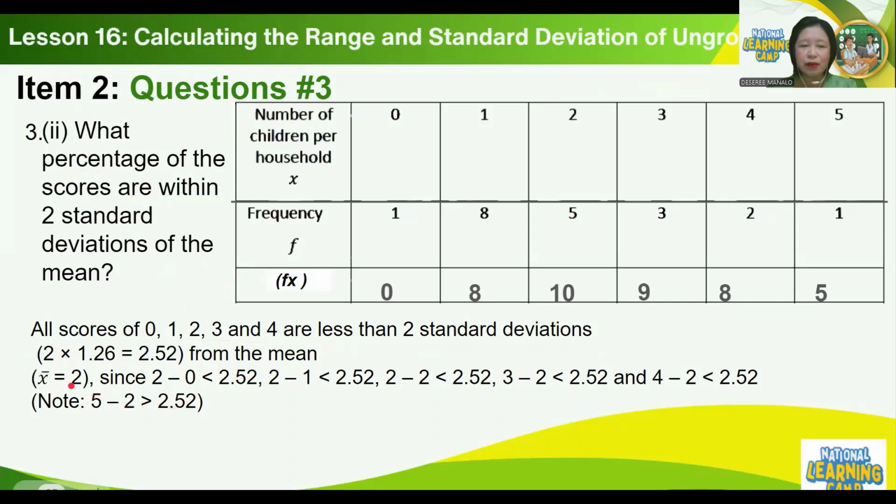The mean is equal to 2. Since 2 minus 0 is less than 2.52, 2 minus 1 is less than 2.52, 2 minus 2 is less than 2.52, 3 minus 2 is less than 2.52, and 4 minus 2 is less than 2.52. Note, 5 minus 2 is greater than 2.52.